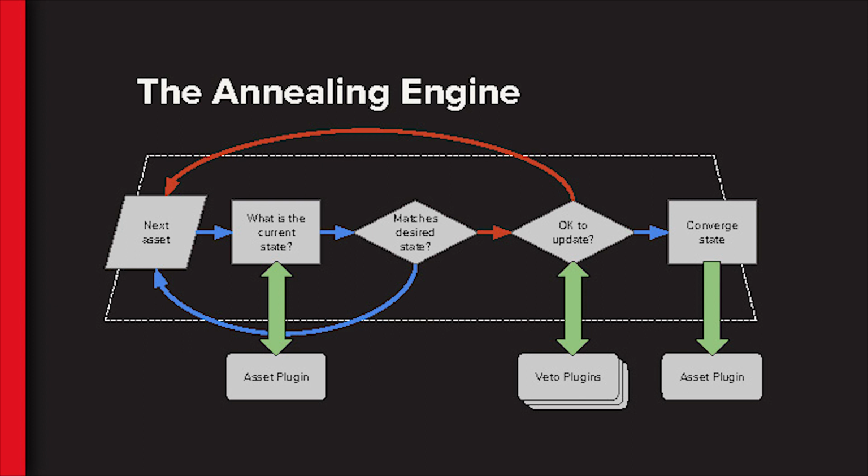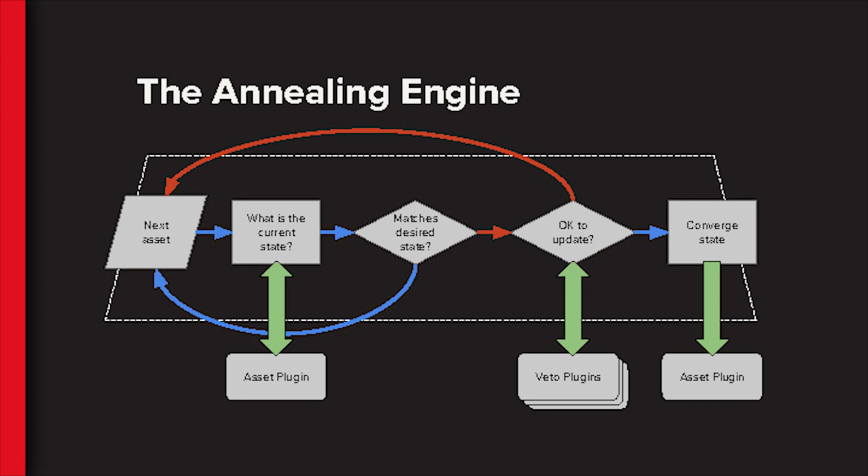So let's look at how that annealing engine actually goes about doing its work. It'll read all the assets out of that repository. Then it asks, what is the current state of that asset, for which it will talk to a specific kind of plugin? One of the pieces of metadata it can read about that asset is what type of asset this is and what plugin is responsible for dealing with that type of asset.